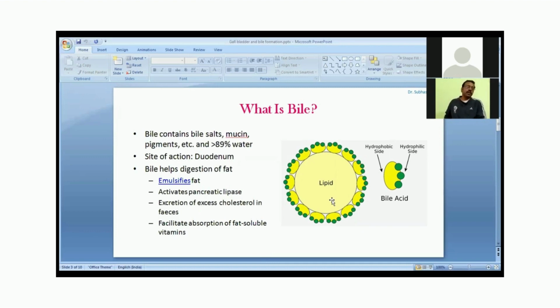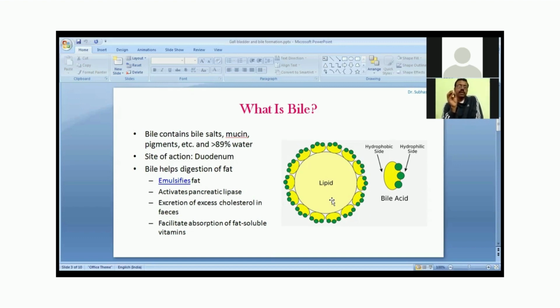So lipid cannot be absorbed by body as such, so they are formed into small droplets by the use of bile salts. Bile salts can work here like an emulsifying agent. Emulsifying agent has two parts.